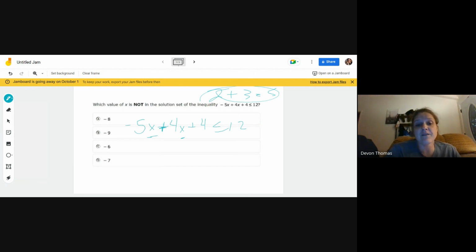So if I have negative 5x plus 4x, negative 5 plus 4, that's a different sign, subtract. Keep the sign of what looks like the bigger number. 5 minus 4 is 1. What looks like the bigger number is negative, so negative 1x plus 4 is less than or equal to 12. Now, we don't have to write negative 1x.